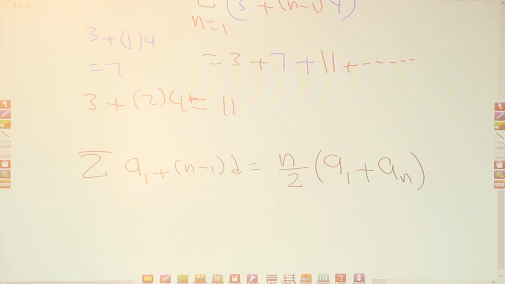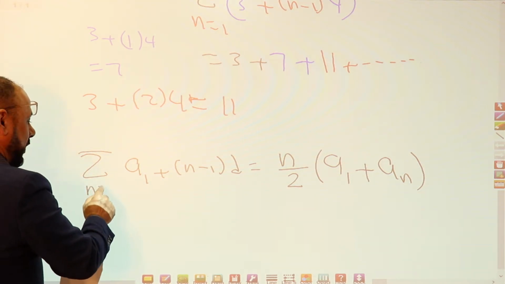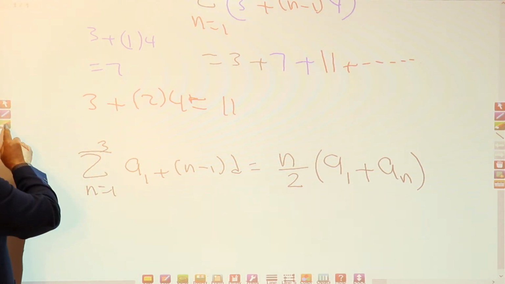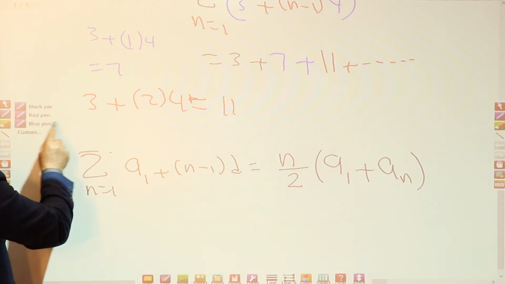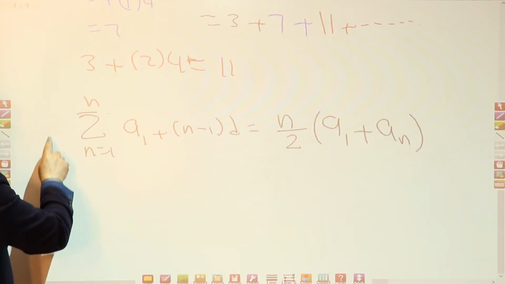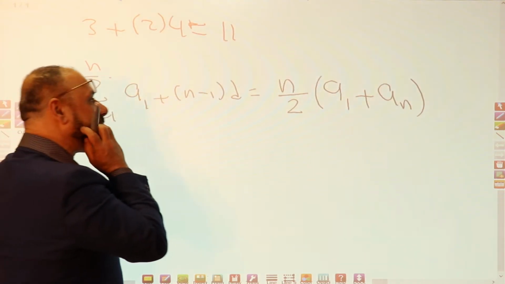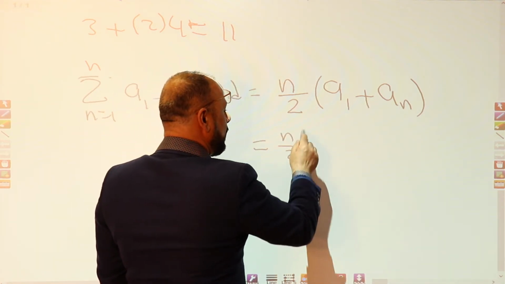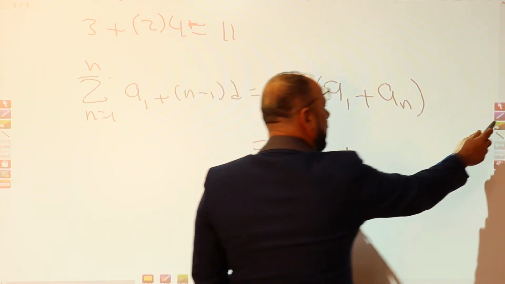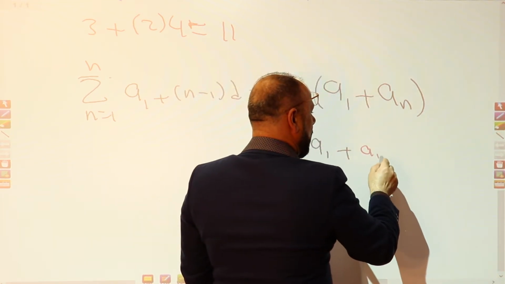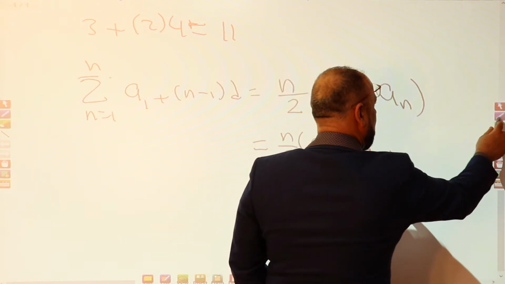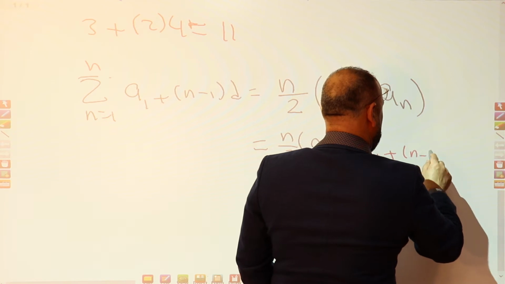Now let us see, if we need the sum to n and we don't need to know the last term, it is n over 2 times 2 a1 plus n minus 1 times d.